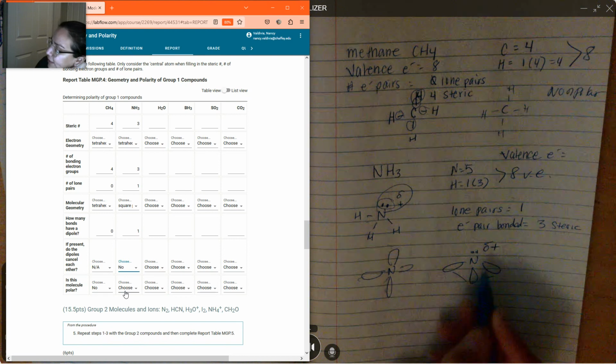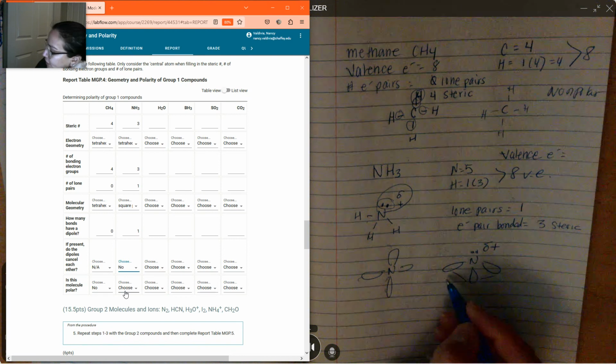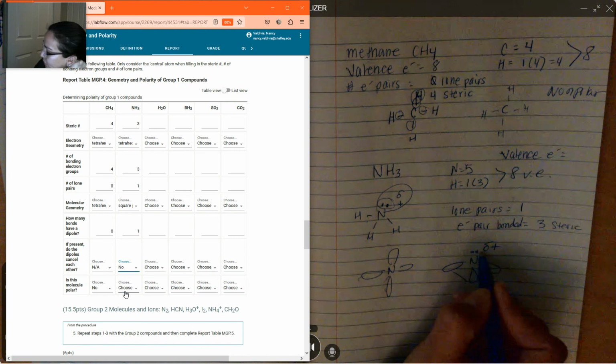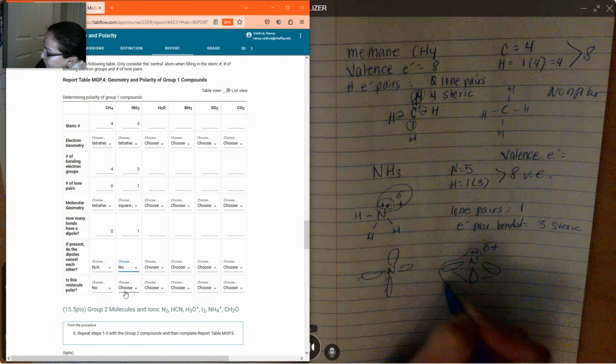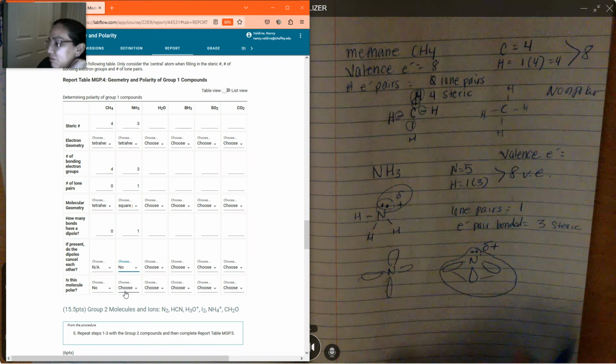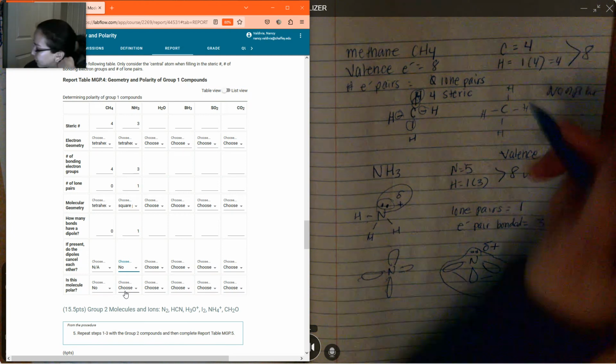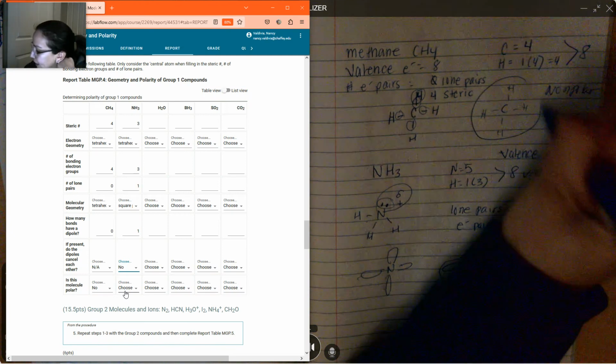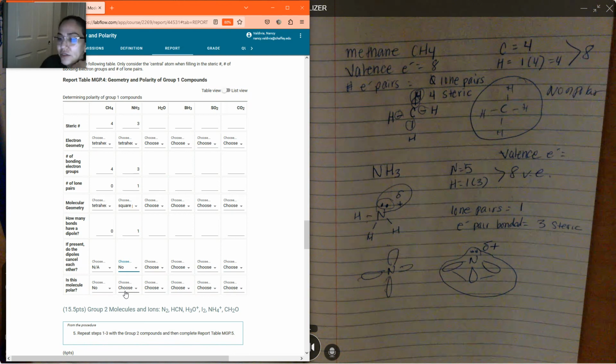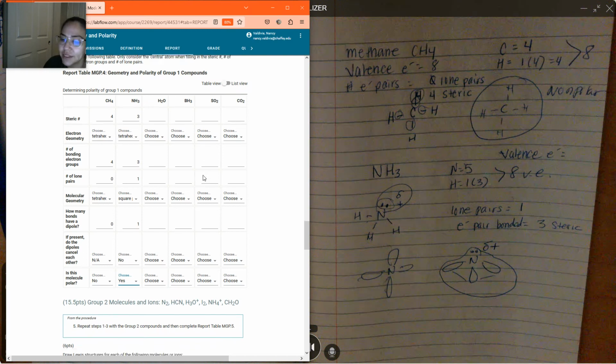And because of that, the symmetry here is not the same. So we have the electron cloud looking more like this as opposed to something more evened out like that. Okay, so it's asymmetric, which means it's going to be a polar molecule. The charges are asymmetric. All right, so hopefully that helped you guys out with this section.